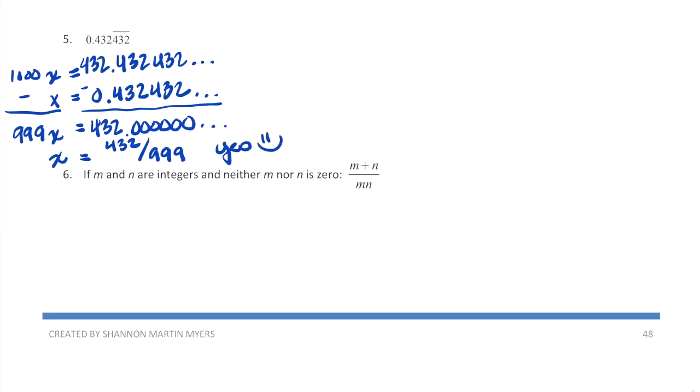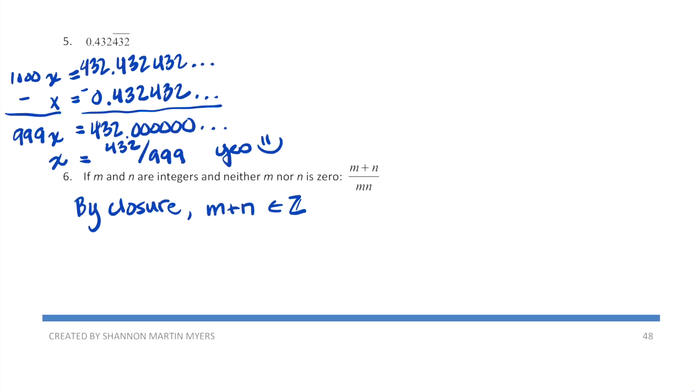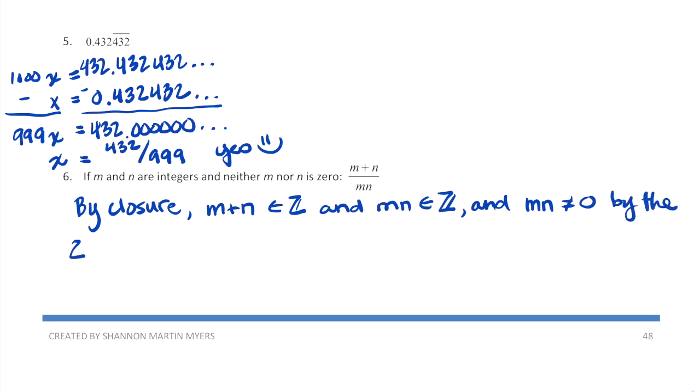So here, by closure, remember when you add two integers, you get an integer, right? So that sum belongs to the set of integers. And the product also belongs to the set of integers. And furthermore, m times n is not equal to 0 by the zero product property.